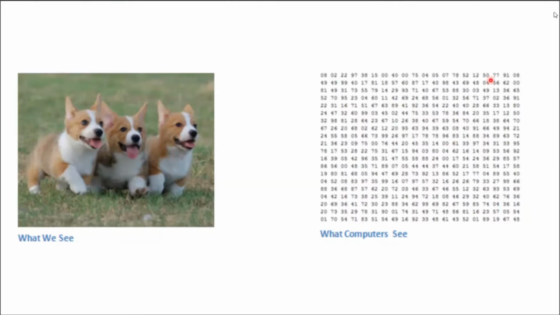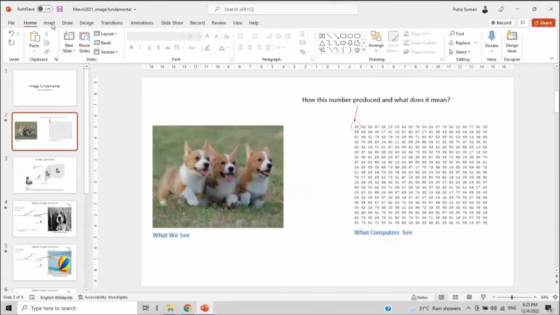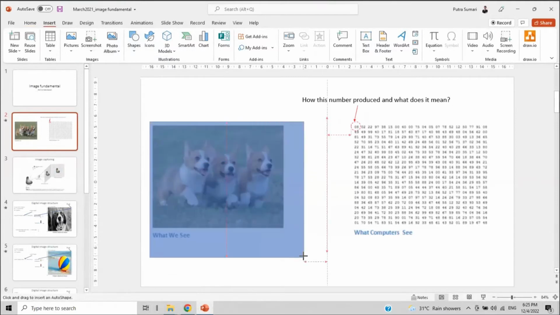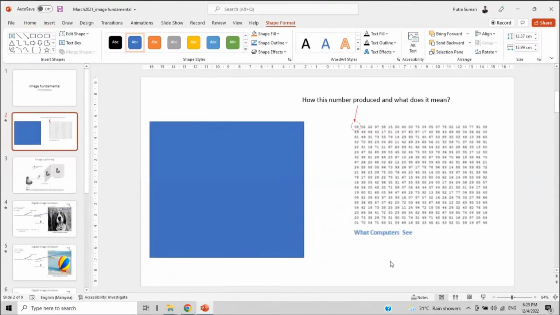So this is what you see. On your right is what the computer sees. The computer sees just numbers. I think the best thing is if I close this one for a while. So this is what the computer sees. The computer sees numbers. That's why it's difficult to let the computer understand, because the computer just sees numbers here on your right. So what do these numbers represent? It's difficult to say.